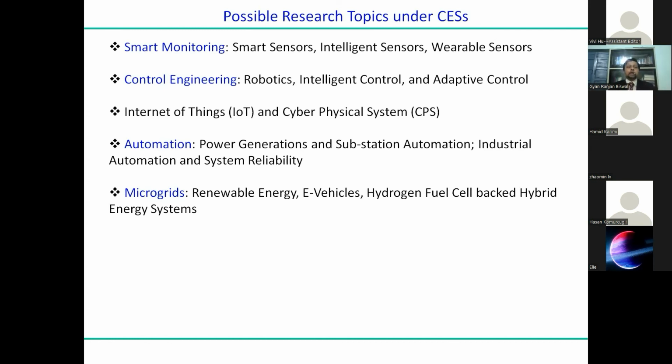And the last one is microgrids, because we know the role of renewable energy is growing exponentially day by day, considering the need to reduce the carbon footprint and the impact on temperature rise across the world, the role of electric vehicles, hydrogen fuel cell based transportation systems, and hydrogen fuel cell based hybrid energy systems. So this is my proposal to all the eminent members, with the permission of Professor Karimi.